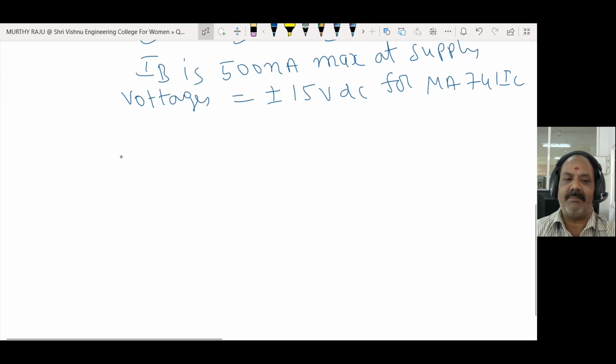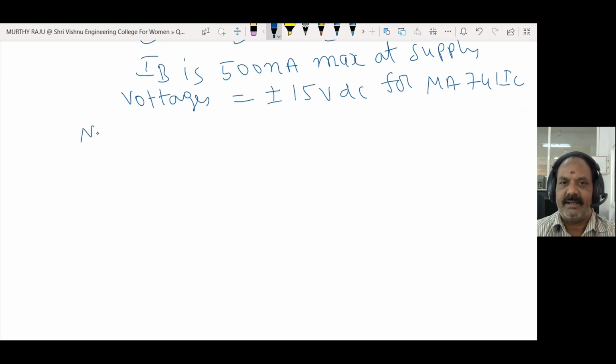Generally, input bias current IB is very small. Even though it is very small, the input bias current IB can cause a significant output offset voltage in a circuit. This is the circuit diagram.